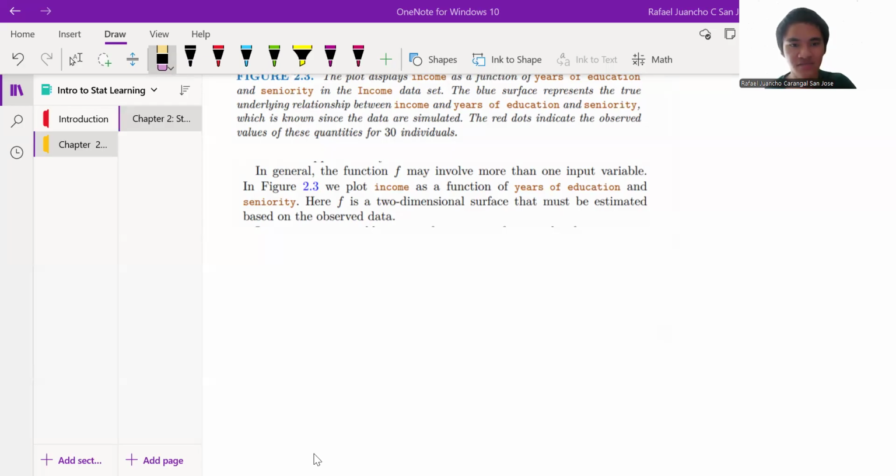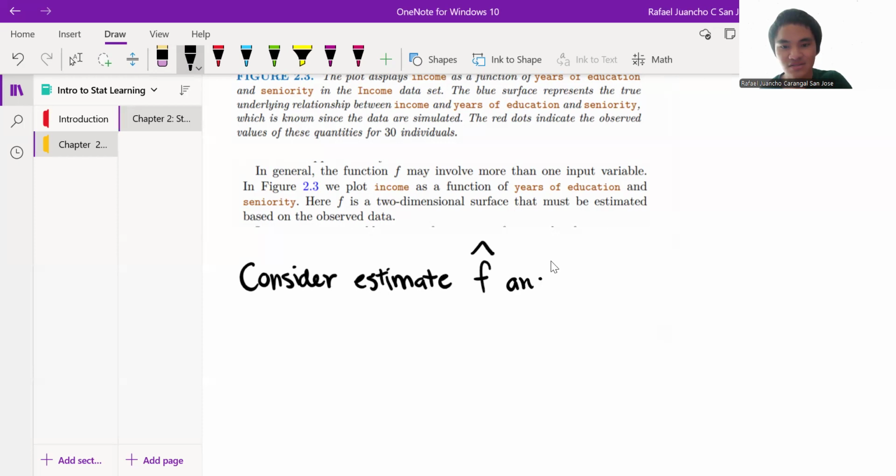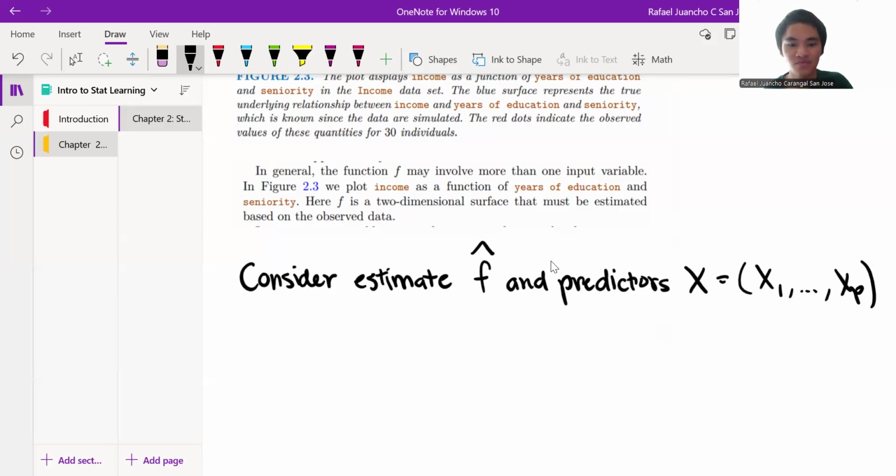So let's say we have an estimated function, f tilde, and a set of predictors. We'll just call it x, but really what we're talking about is x sub 1 all the way to x sub p. But we're going to call it x.